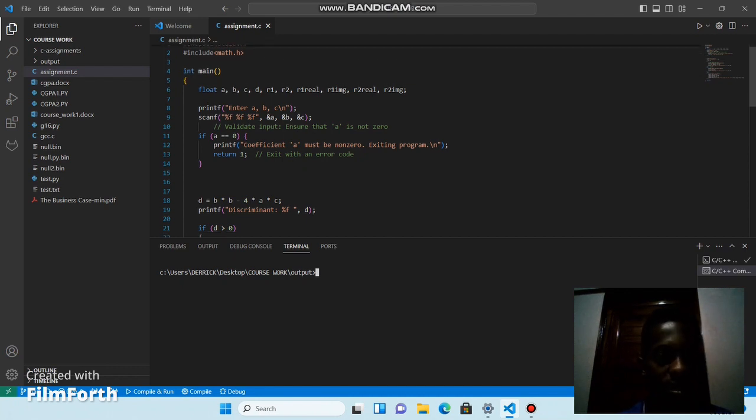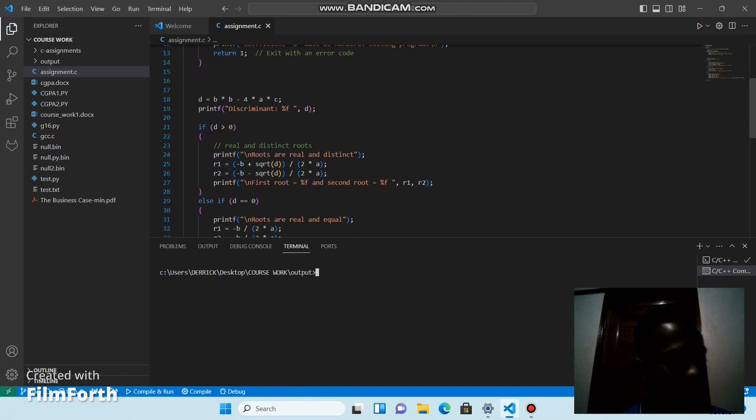Now the next condition was to implement a function to calculate the discriminant, b squared minus 4ac. So now d is our discriminant.